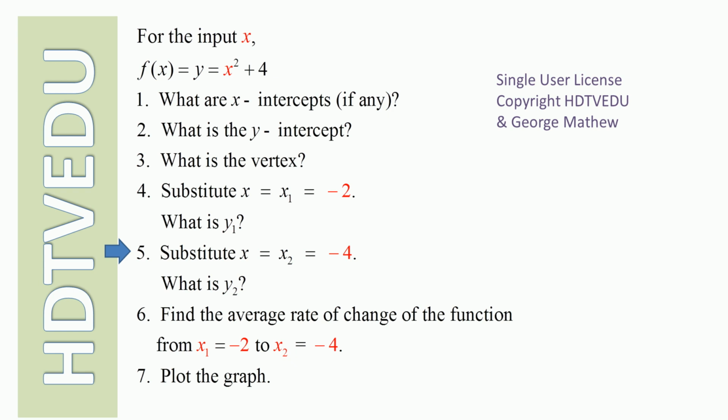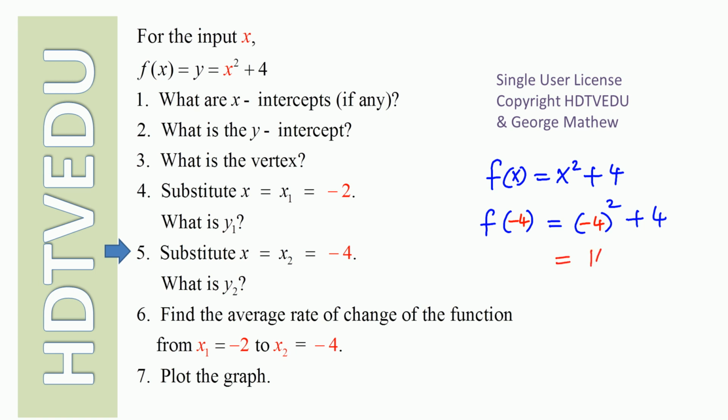What happens when x equals negative 4? Again, our function is x squared plus 4. In the space occupied by x, we substitute negative 4. So what is the value of the function when x equals negative 4?